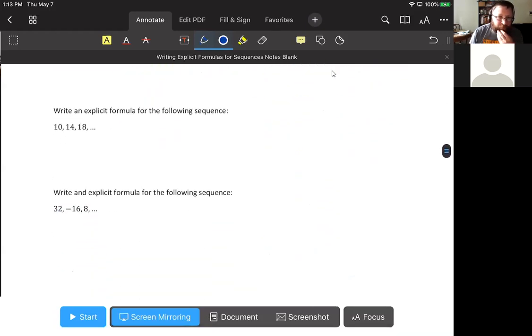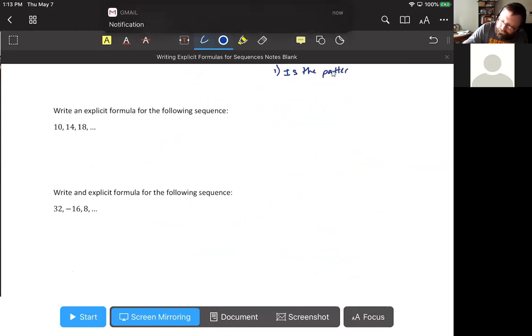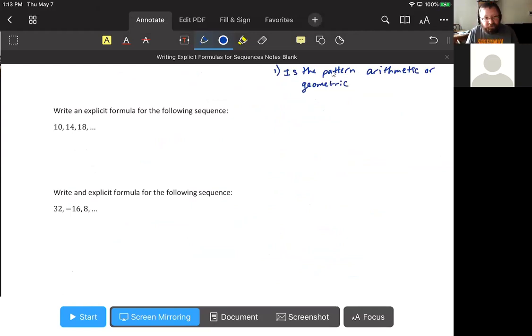All right, so again, this is basically a two-step process. Your first step is to figure out, is the pattern arithmetic or geometric? Which is as simple as figuring out whether the pattern is based on addition or multiplication. So if we look at this example, this is a constant addition pattern.